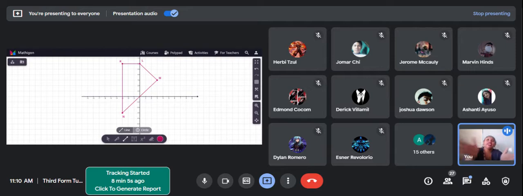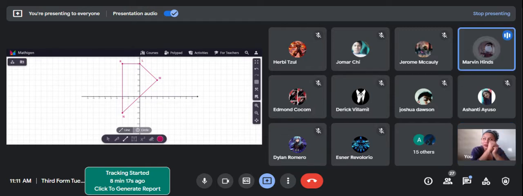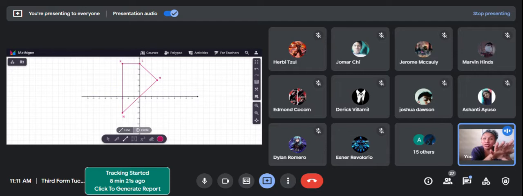Okay, if I tell you the scalar factor is 1/3, it is a dilation that you're doing. Are you doing an enlargement or a reduction? A reduction. So the new image has to be smaller than that, right? Now, how do I know where the points are going to be?